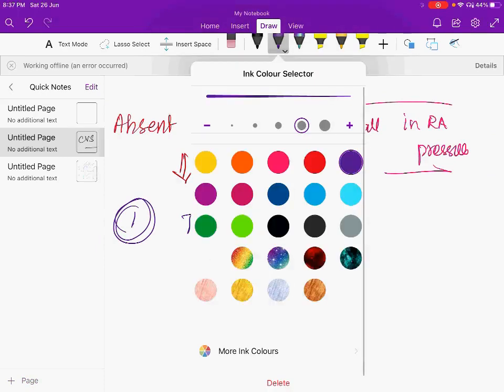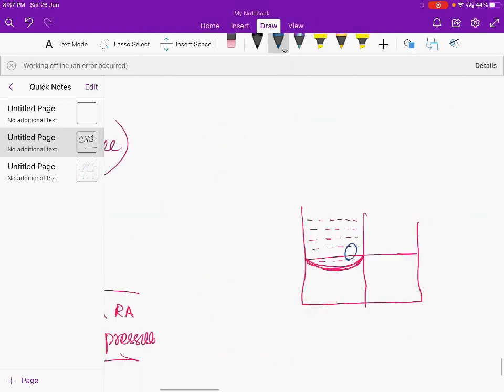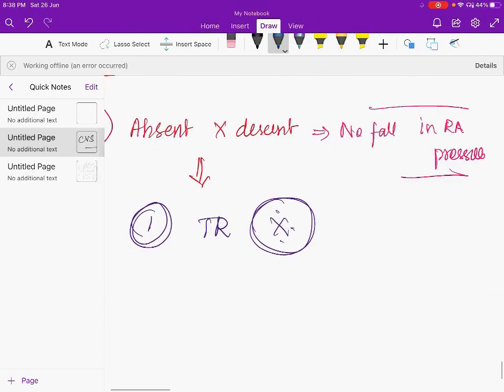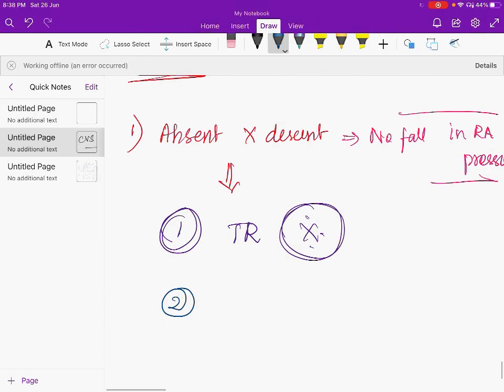Sometimes what happens? Instead of this blood, consider a clot, a blood clot, or a tumor inside this right atrium. This will also occupy space and will not reduce the pressure inside the right atrium. So consider clot.